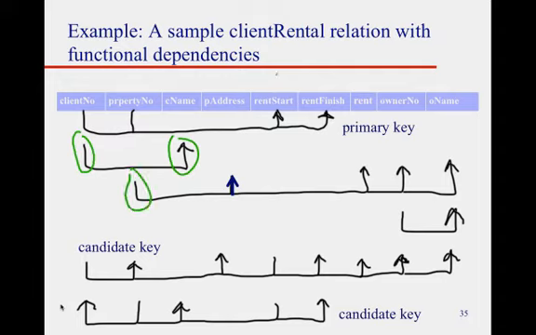So we get these two from the pair, we get this one from client number, and we get these four from property number. By looking at the partial dependencies that we get from subsets of the primary key, we may also be able to derive the remaining attributes in our relation. So it's not always transitive dependencies that allow us to get the rest of the attributes. Sometimes it's partial dependencies that allow us to get them.